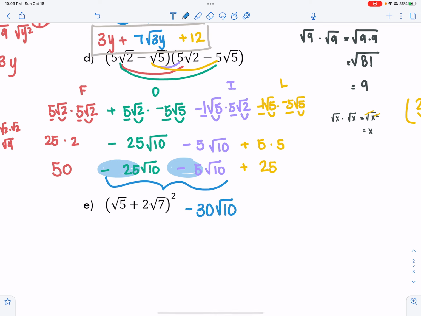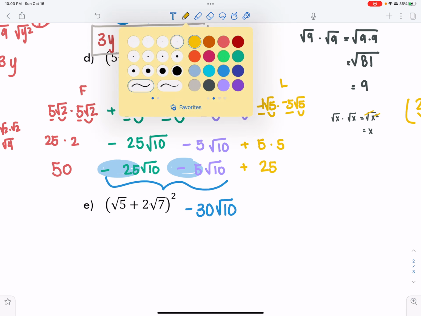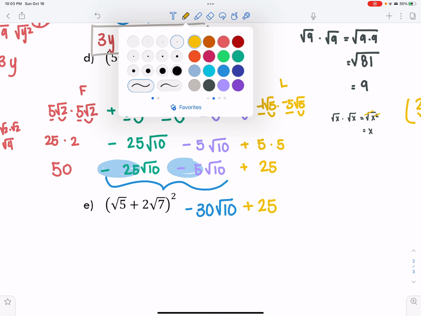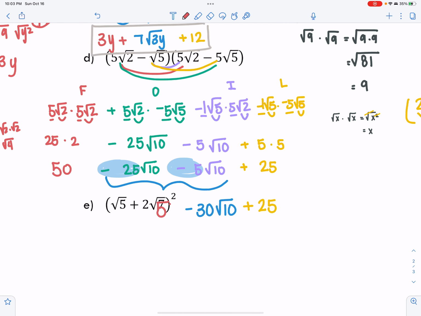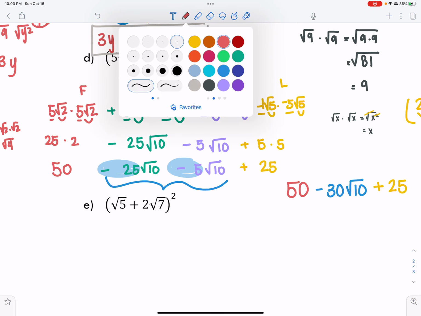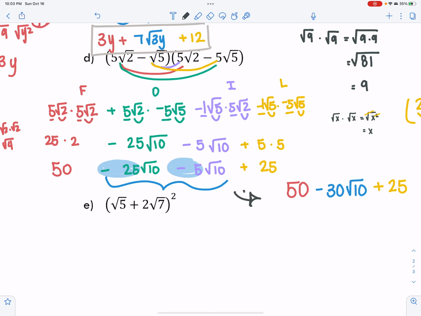Keep the like term of square root 10. And then I've got that plus 25 and that 50 out front. And so my final answer is, let me write it over here. Final answer, 50 negative 30 square root 10 plus 25.